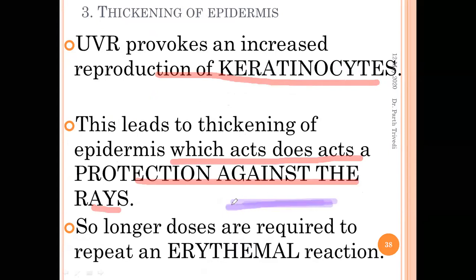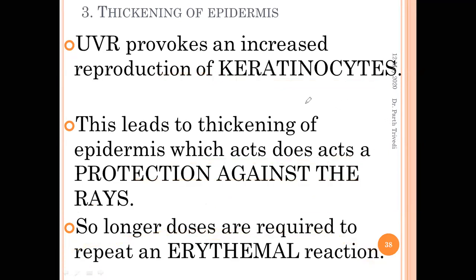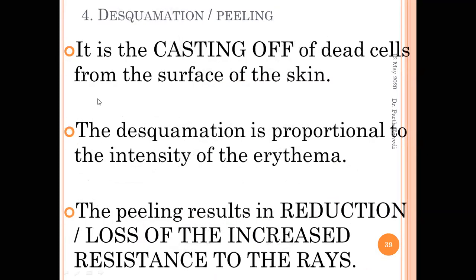This means the layer has increased, so the depth of penetration of UVR is reduced. So longer dosages are required to repeat an erythemal response. Once there is thickening of the epidermis, we need to increase the intensity or duration of the UVR. That is why we always repeat the dosage once the erythemal reaction has subsided.